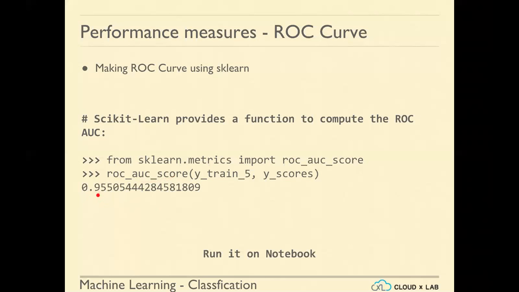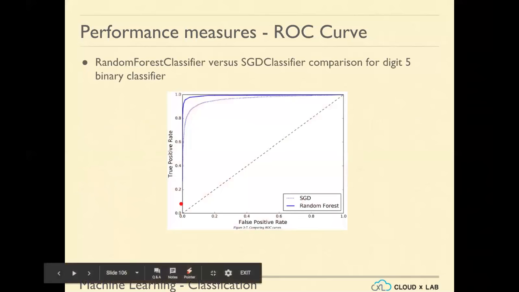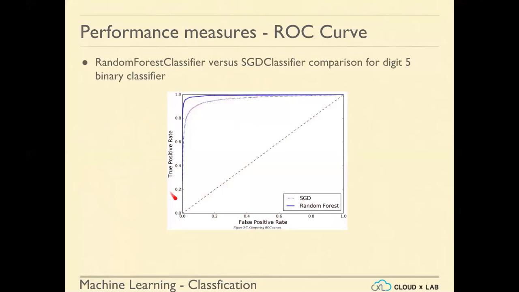That means the algorithm is good enough. If we plot the random forest classifier versus the SGD classifier, we find that the random forest classifier is doing far better than the SGD classifier.